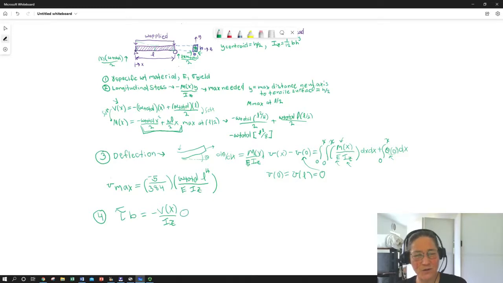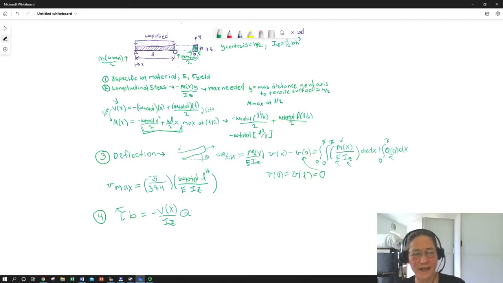Times Q, which is a function of the area of that cross-section, and the distance of the y position we're considering when we're calculating our shear from, so its centroid relative to the centroid that we're concerned with.